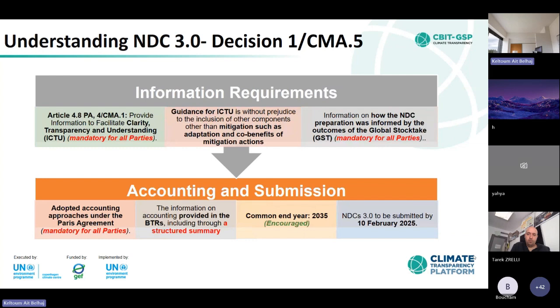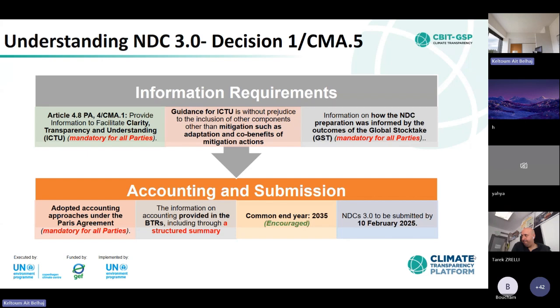All right. In addition, all countries must now provide the information to ensure clarity, transparency, and understanding, or what we call the ICTU. In some NDCs, even the second NDC, this information is already there; for example, Tunisia, Morocco, I think Egypt, Lebanon, and a lot of countries already provided it.